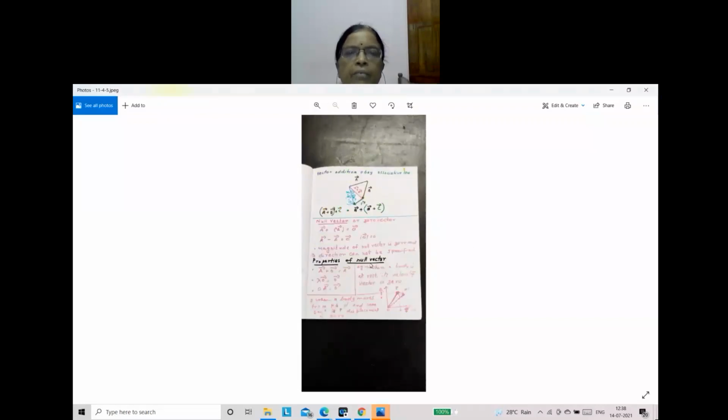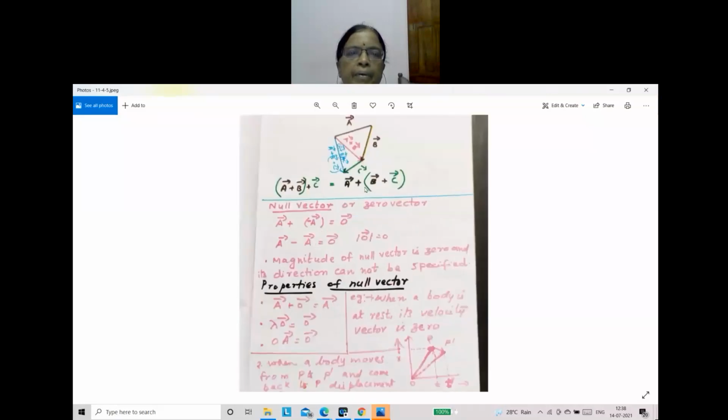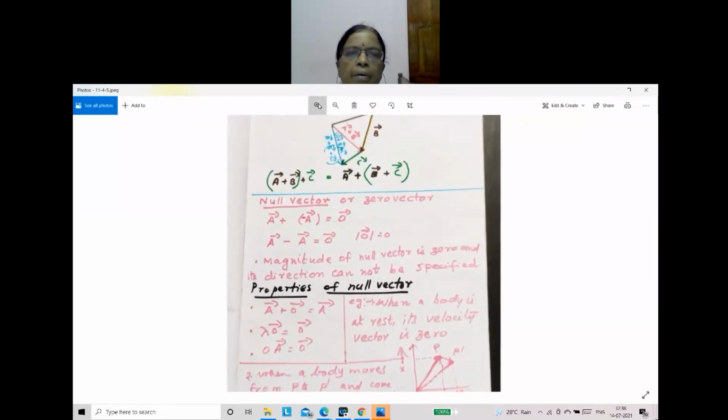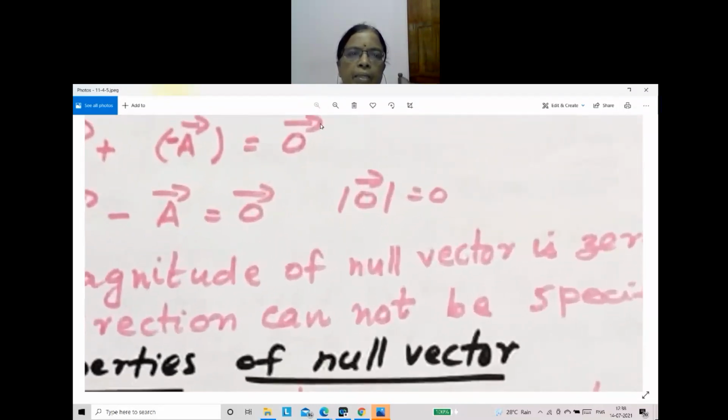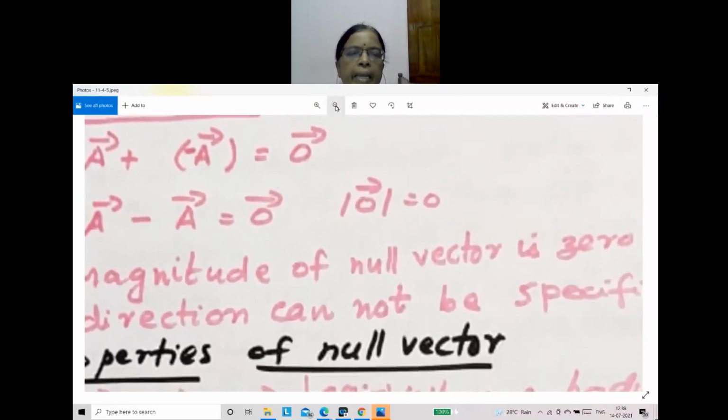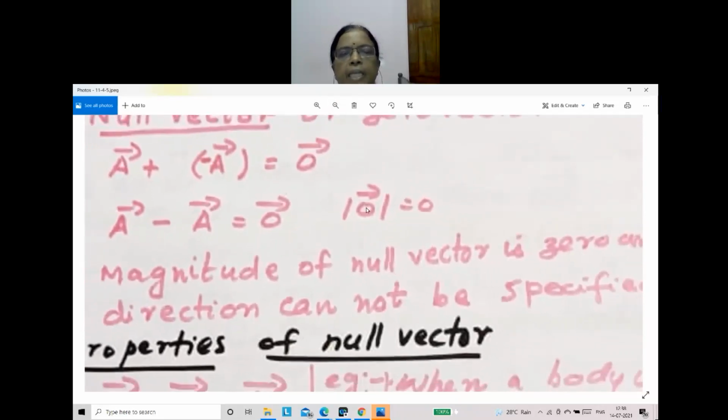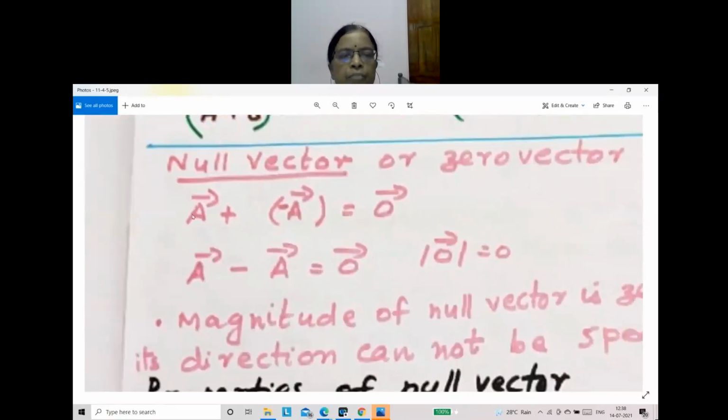So when we study null vector, we should know what a negative vector is. See, vector A is added with the negative of that vector.